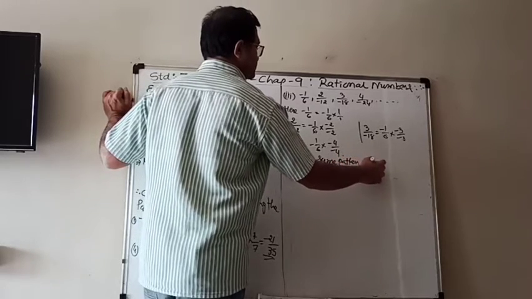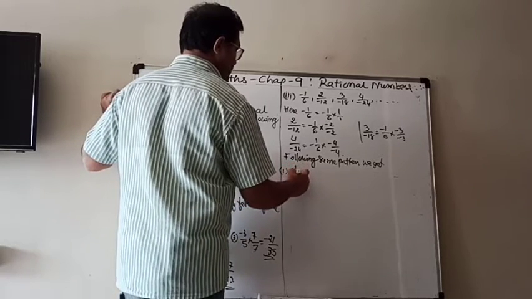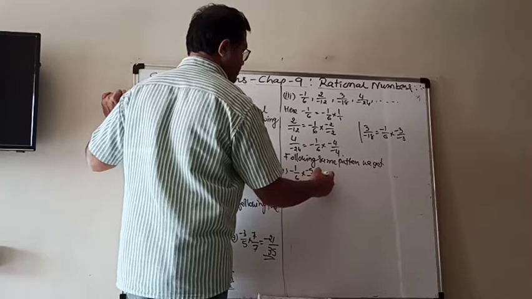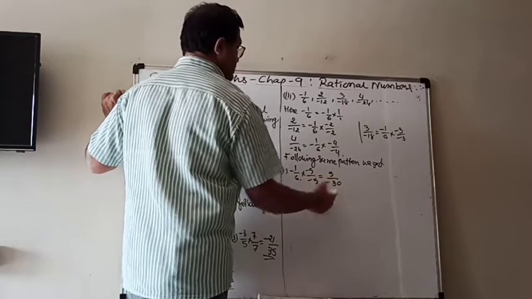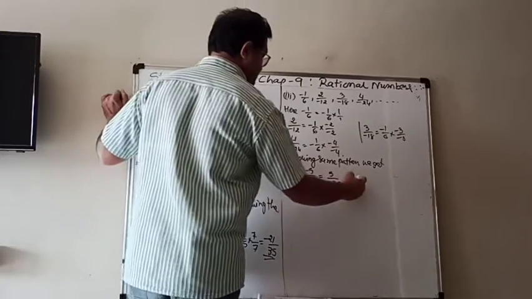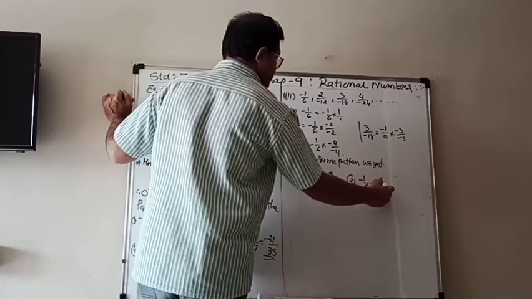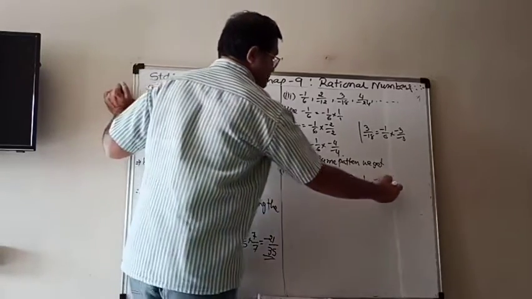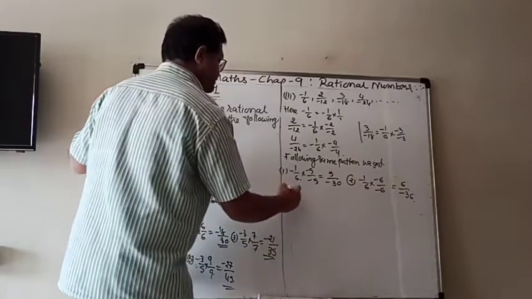We get first one, minus 1 upon 6 multiplied by, now 4 means 5 upon 5, minus 5 upon minus 5, that is 5 upon 6 5s are minus 30. Second, minus 1 upon 6 multiplied by minus 6 upon minus 6, that is 6 upon minus 36.